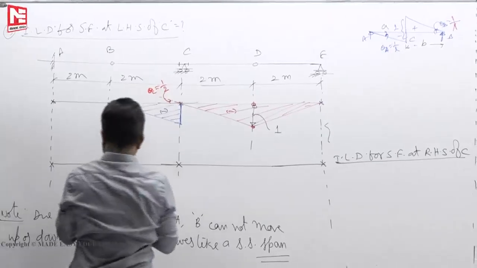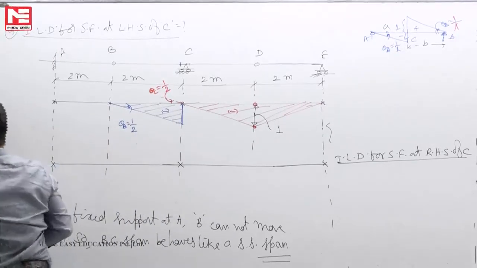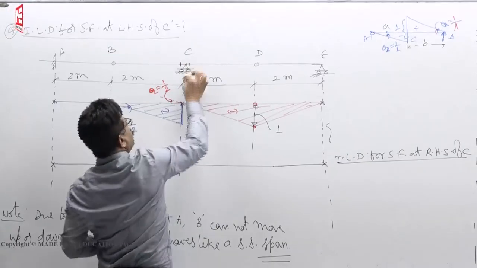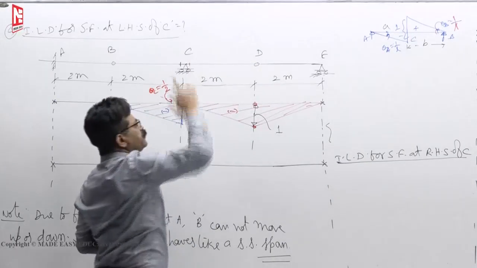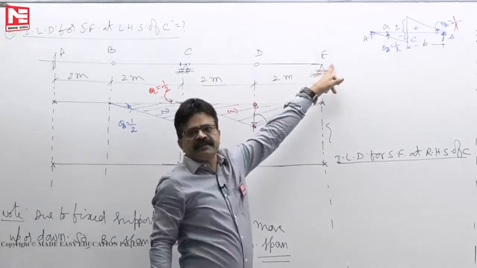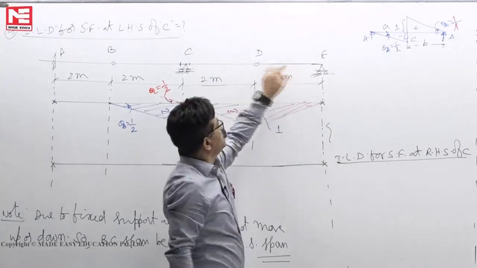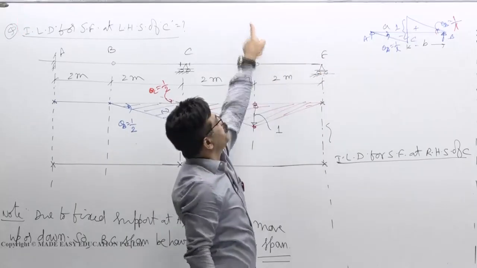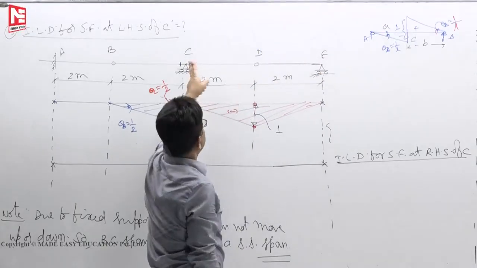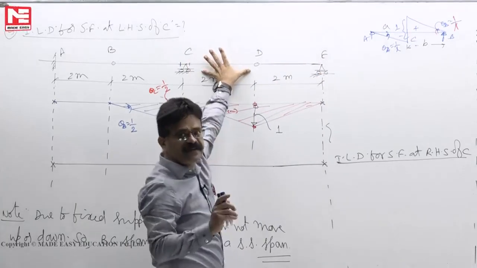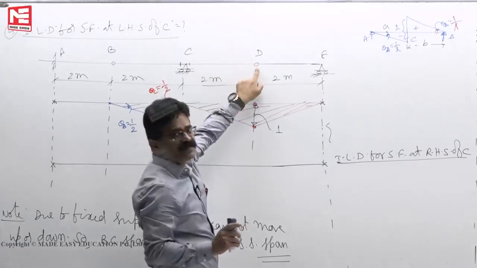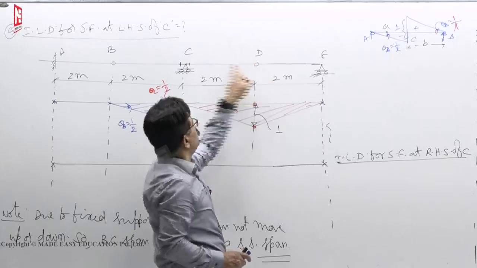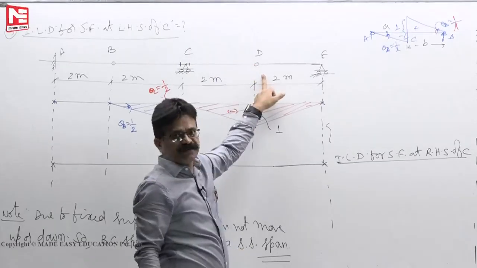At RHS of C. After cutting, if I try to lift it, can D move up and down? See, at E there is a roller support. So when D wants to go up, it cannot offer any resistance. It will simply rotate and move up. That means after cutting, the CD span now behaves like a cantilever, because it behaves like a free end, simply going up freely. But if it cannot go up, it behaves like a simply supported span.